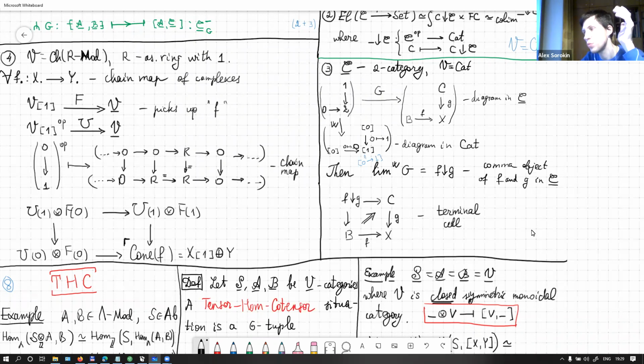Similarly to what we do in ordinary category theory, when we take a contravariant functor, our weight, we want to pick up something special, and the special will be a chain map. Here I have a complex. It is degree 0. It is degree 1. I have two chain complexes and a chain map between them. Here is my unit disk. Here is my identity.